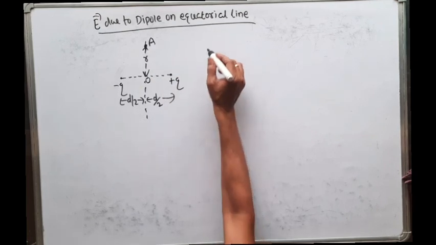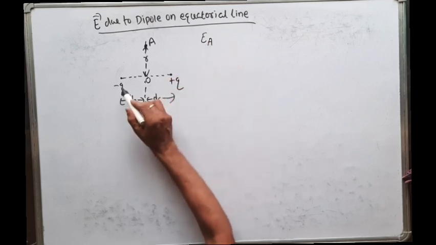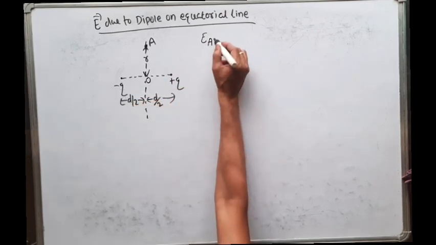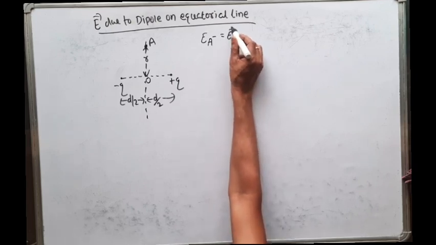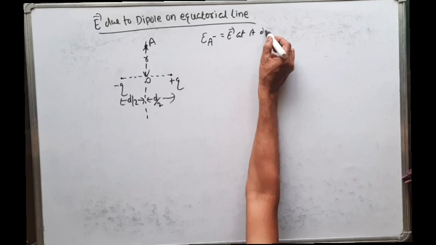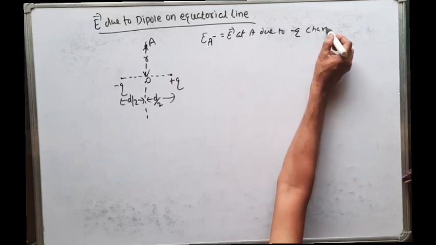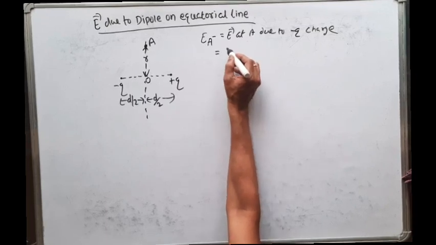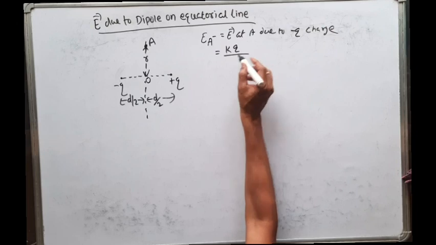So what we'll do? First we will calculate the electric field intensity at point A due to the minus q charge. So I am writing here minus. This is the electric field at A due to the negative charge, minus q charge. So that is equal to, again the formula, k times charge q by distance square.